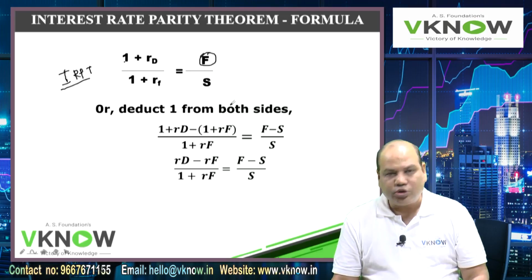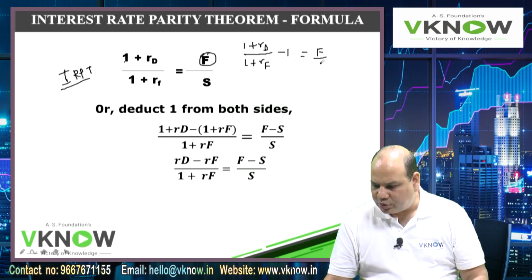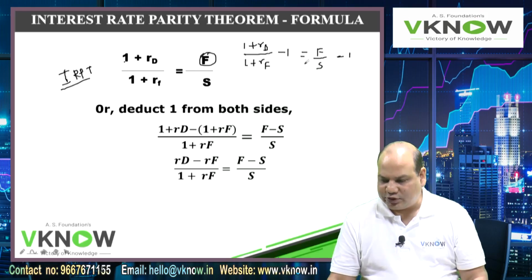Deduct 1 from both the sides. Deduct 1 from both sides means 1 plus RD upon 1 plus RF minus 1, and this will also become F upon S minus 1. Will it make a difference in the equation? No. In your mathematics you have learned, if the same number is deducted from both sides of the equation, the answer still remains the same.